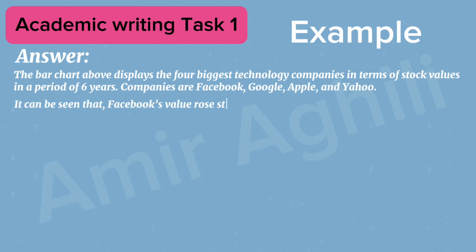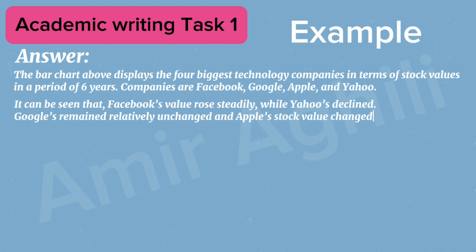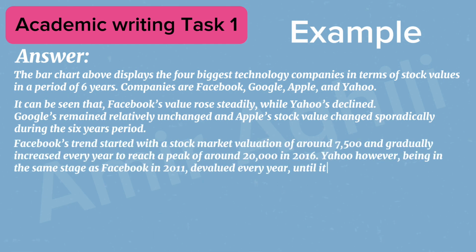In the second paragraph, as you can see, I've summarized the important changes and trends of the whole bar chart. And as you can see, I've not included any numbers, figures, or any specific details, only a summary. It is so important to group the data properly.